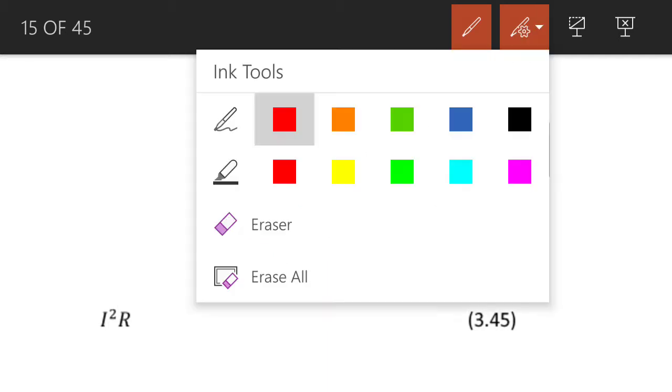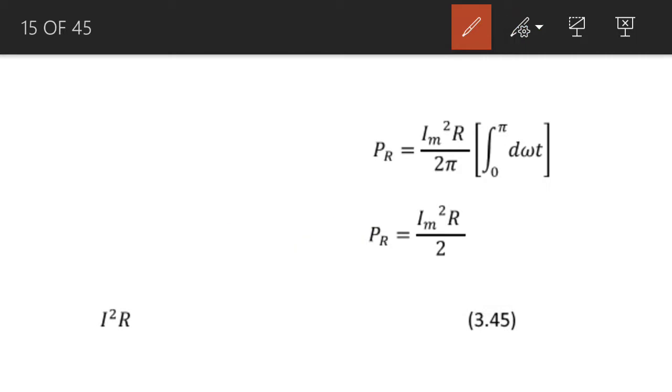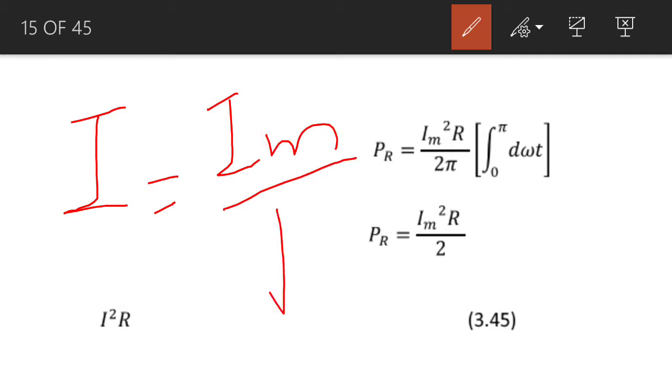and we know that the RMS value of the AC current is equal to Im divided by under root 2.